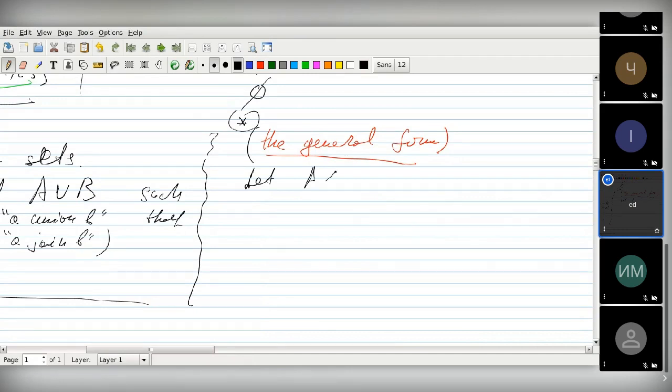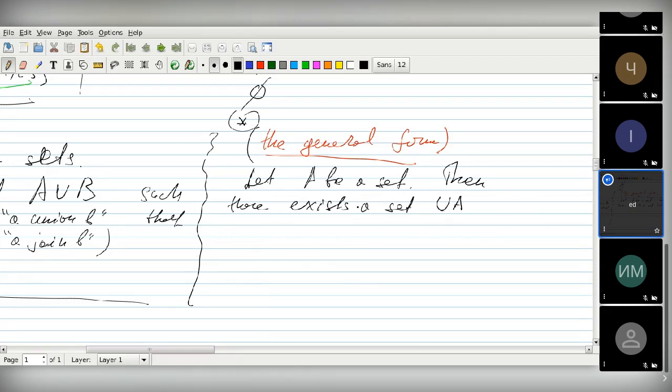Let A be a set, then there exists a set union A. Now union means a unary operation.